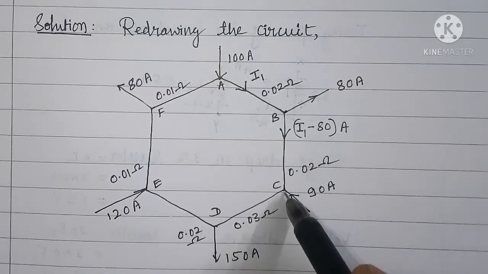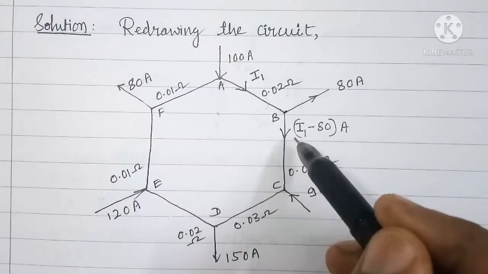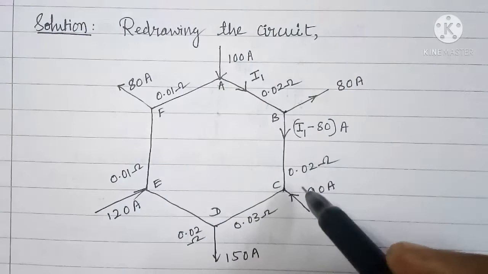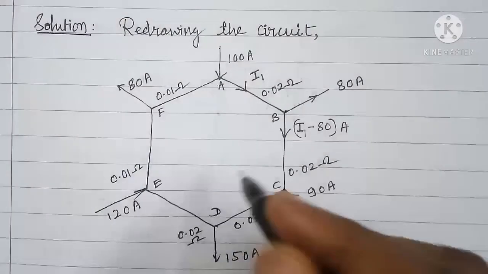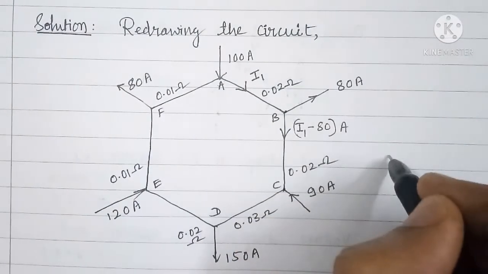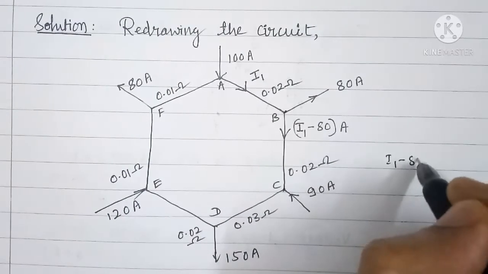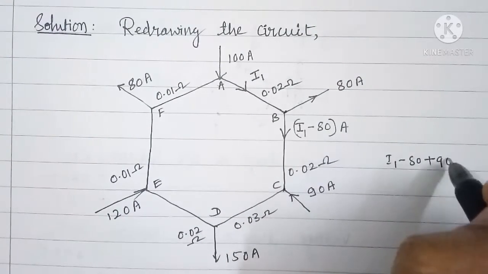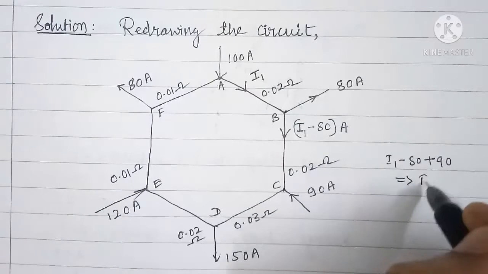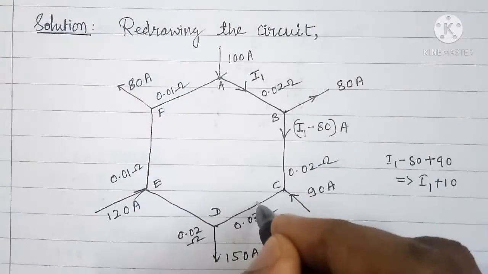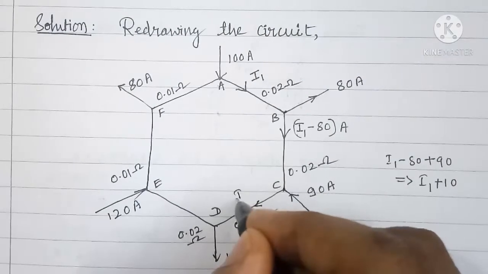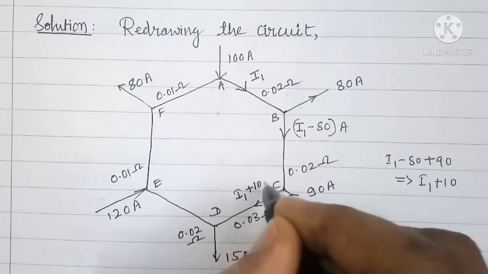Current through branch DC will be the sum of incoming currents, that is I1 minus 80 plus 90, which equals I1 plus 10 ampere.